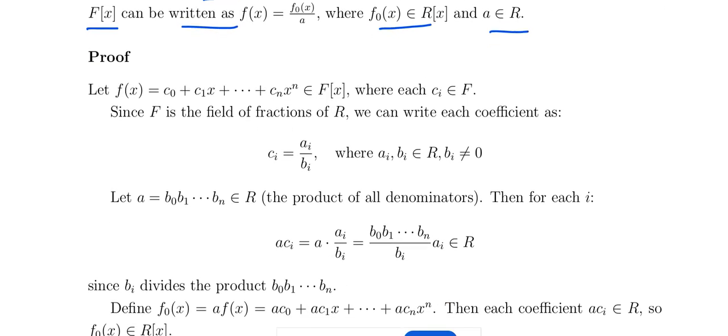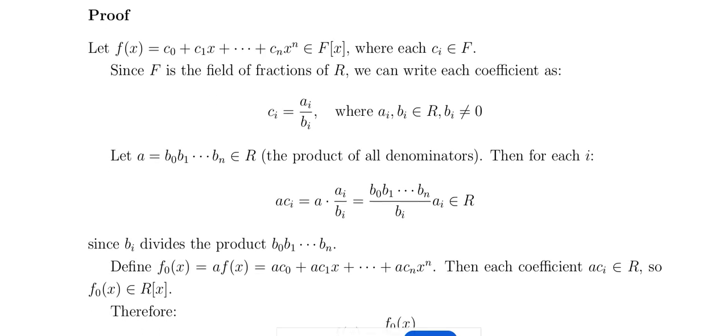So f of x is some polynomial, and F is the field of quotients. Each and every coefficient we can express in the field of fractions. That is, a_i equals a_i divided by b_i, where a_i and b_i belong to R, and b_i is not equal to 0.